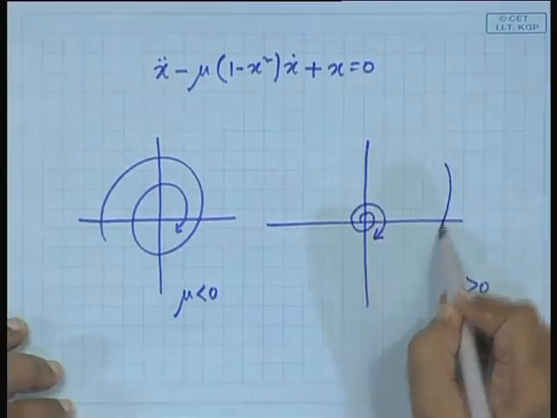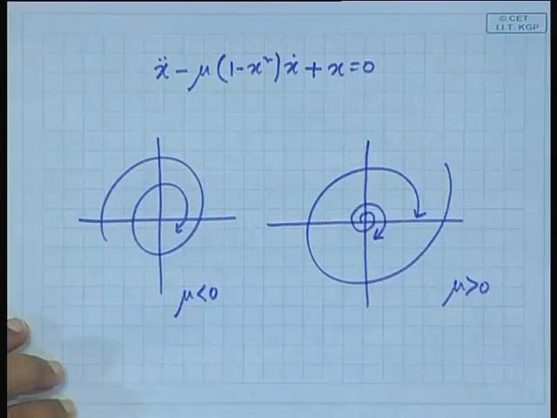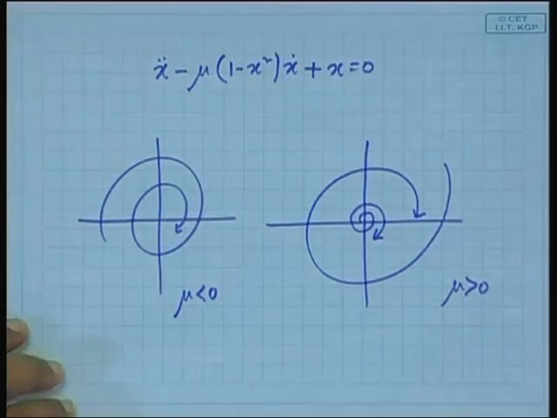So, there it will still be an incoming orbit. So, in between there will be an orbit which is maybe something like this, where if you take an initial condition inside, it will converge onto that.